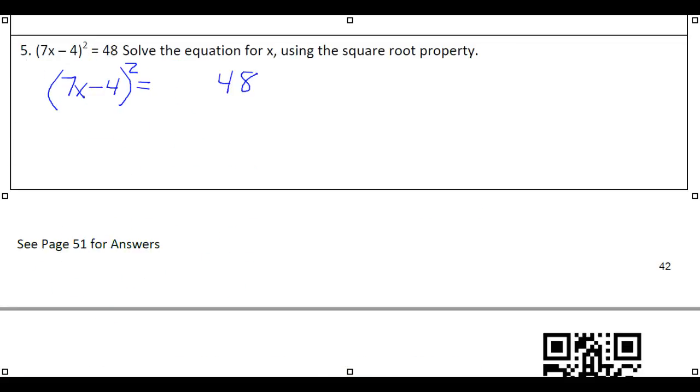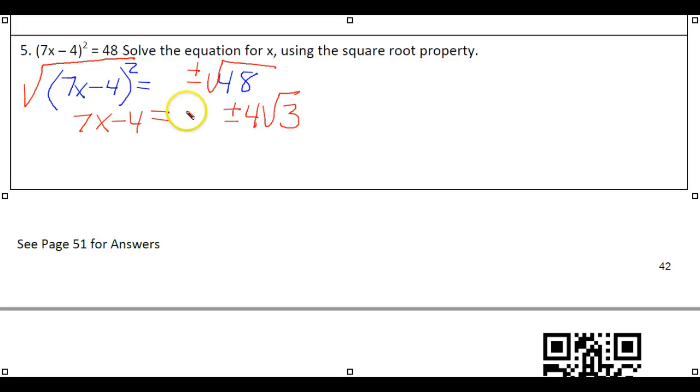Let's do one more. So we're going to take the square root of this side and then plus or minus the square root of that side. So this is 7x minus 4. Now the square root of 48 is the square root of 16 times 3. The square root of 16 is 4. The square root of 3.